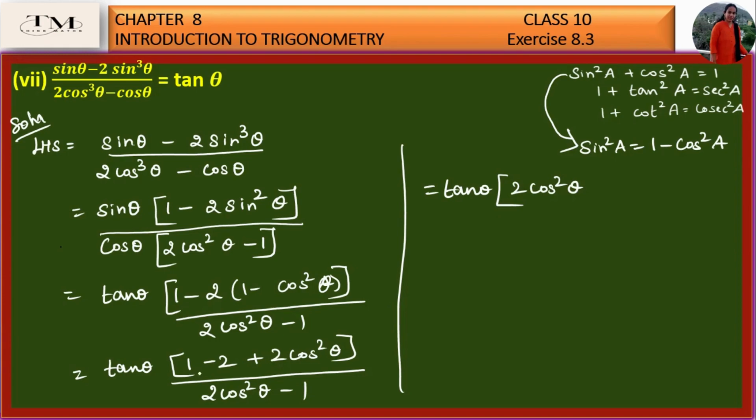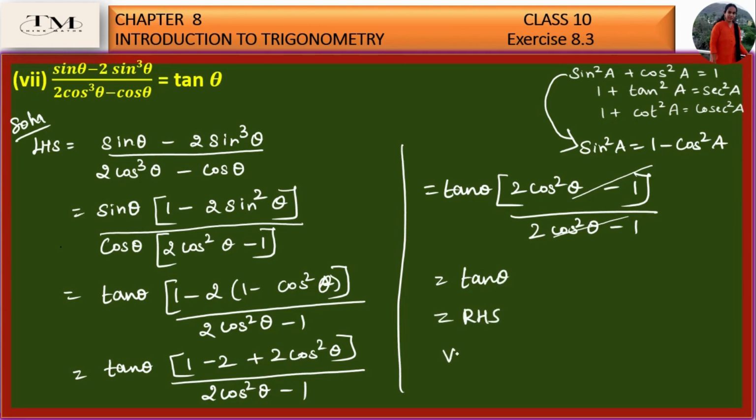Here we have 1 minus 2. The difference between 1 and 2 is 1 and the negative sign is for the bigger number. So we will get the negative divided by 2 cos square theta minus 1. So these two terms are the same in numerator and denominator, so it gets cancelled. The answer will be tan theta, which is the RHS.